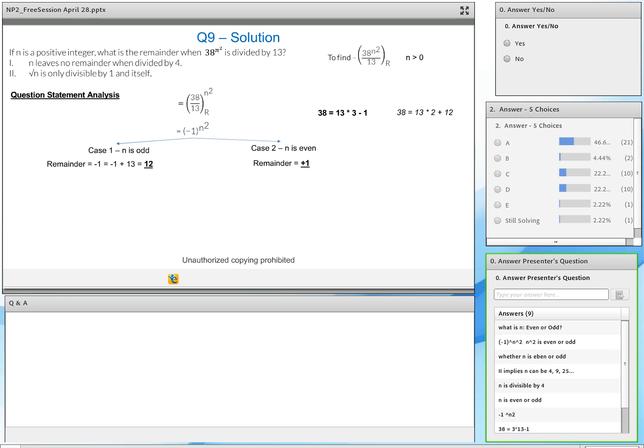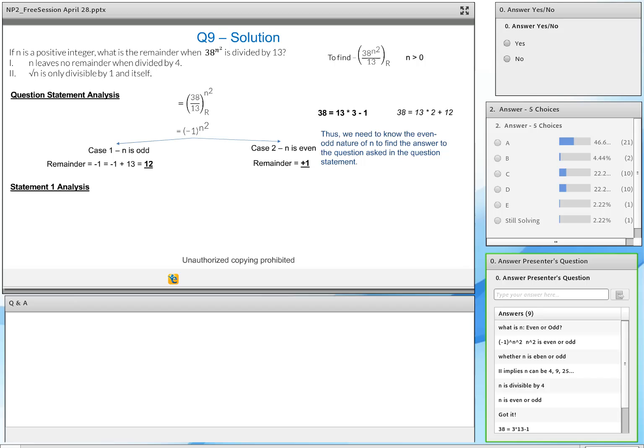In the case that n is even, the remainder is going to be plus 1, because minus 1 raised to an even power is always plus 1. So I need to figure out whether the remainder is 1 or whether the remainder is 12, which means that I need to find out the nature, even or odd, of n. If my statements give me that answer, then I can answer the question asked in the question statement.